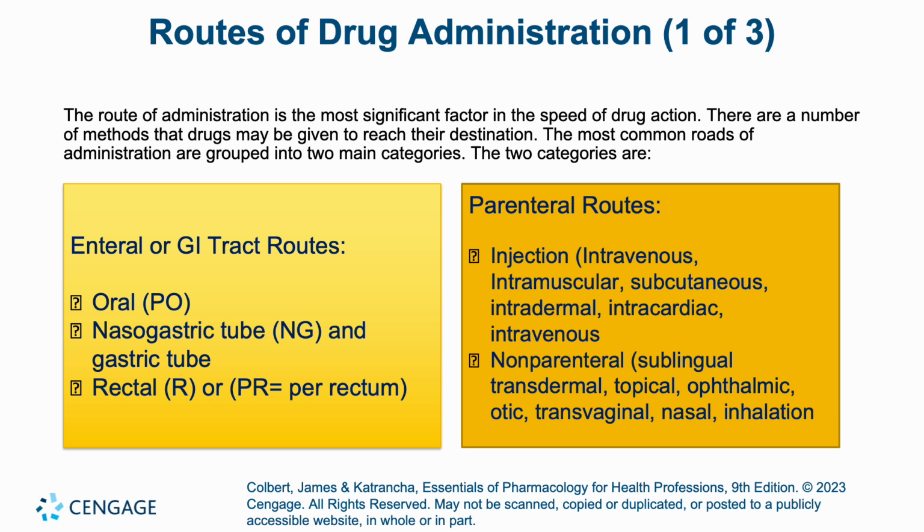And then under this route, they also put a list of standalone meds, also called non-parenteral, which is like sublingual, transdermal, so something that goes on the skin and it gets absorbed that way. Sublingual is under the tongue, gets absorbed. Topical, directly on the skin as well. Ophthalmic in the eye, otic in the ear. Transvaginal in the vaginal canal, nasal, and then inhalation.